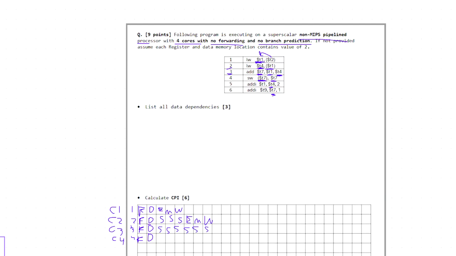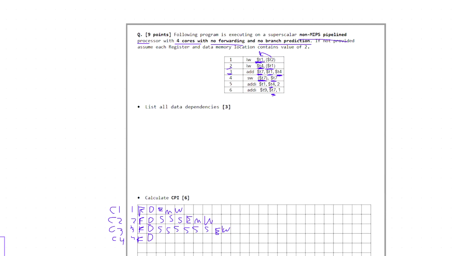So now I can finally exec this out. This is an add instruction, so exec. There is no memory, but because it's not a MIPS pipeline, I am not doing 5 stages. I don't do no-ops, so I go straight into write back. So fetch, decode, exec, write back.